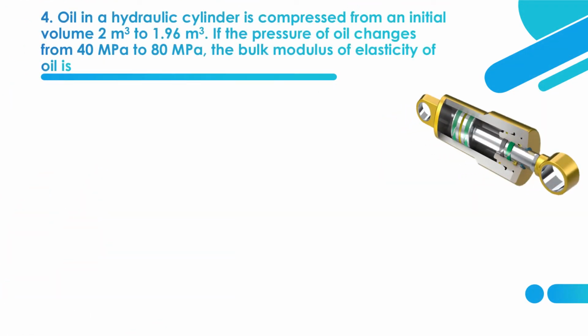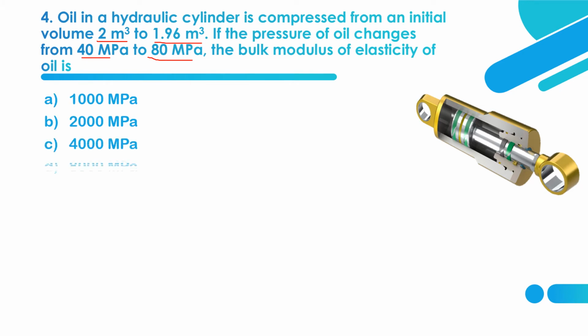Oil in a hydraulic cylinder is compressed from an initial volume of 2 meter cube to 1.96 meter cube. If the pressure of oil changes from 40 megapascal to 80 megapascal, the bulk modulus of elasticity of oil is? Bulk modulus of elasticity is denoted by capital K, and it has one formula, by using which we can get the answer.